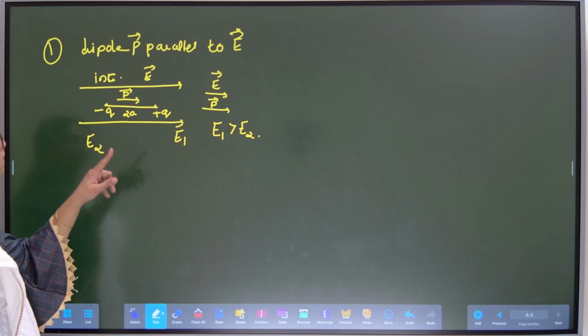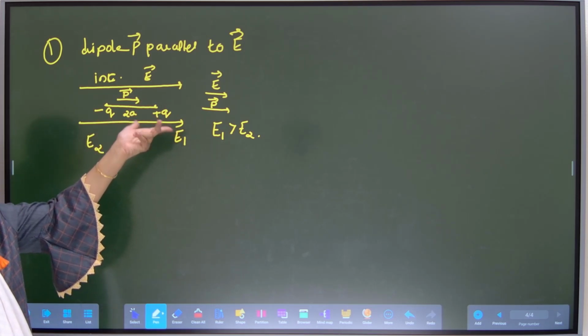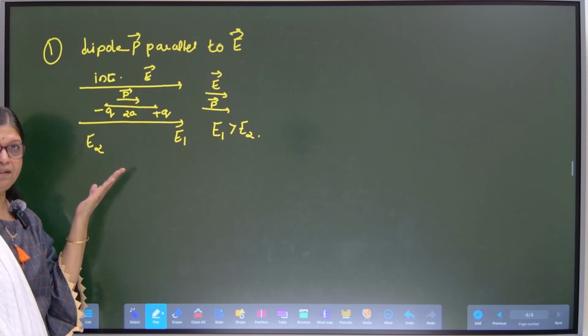Okay, if E1 is greater than E2, charge Q is the same this side, charge Q is the same that side, but the polarity is different.